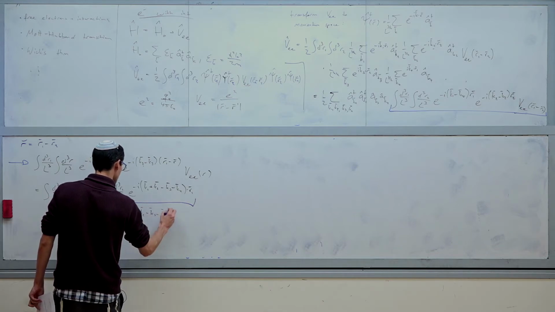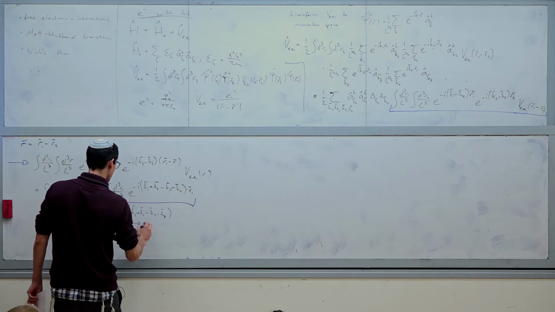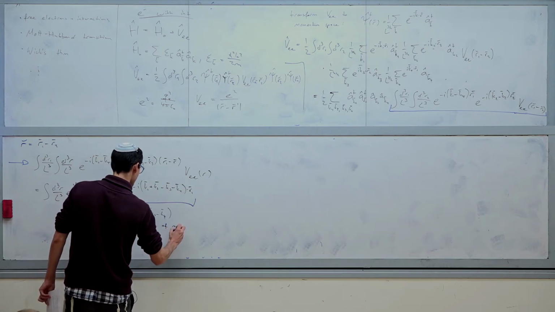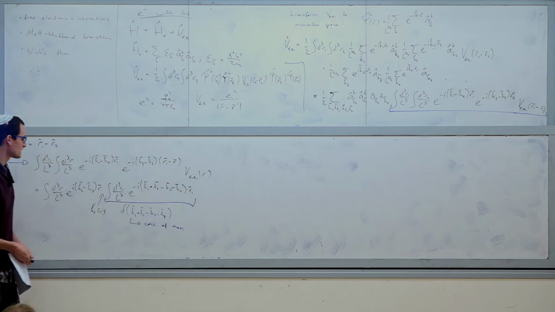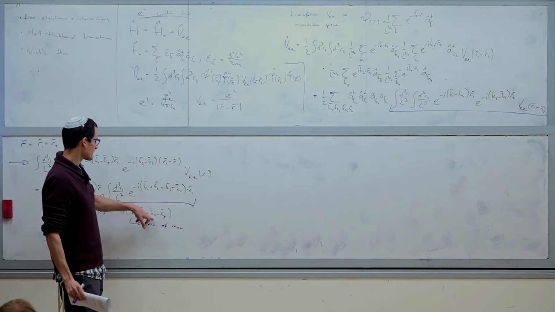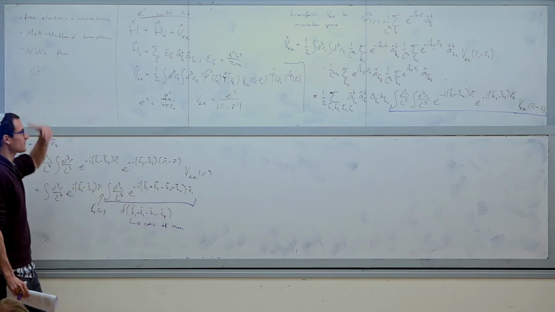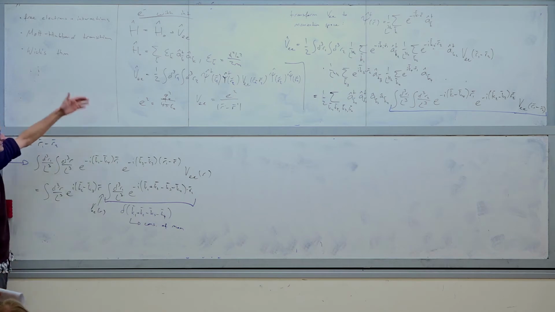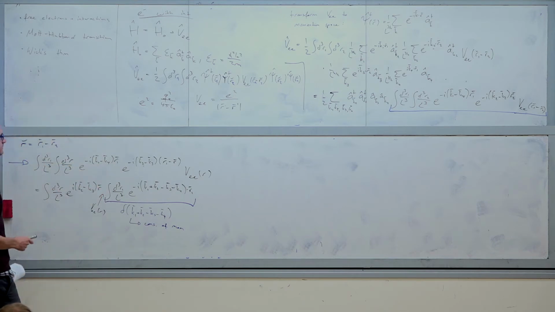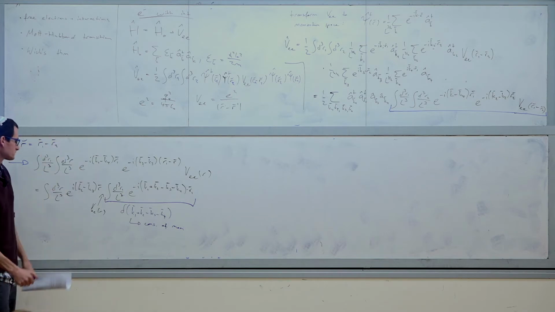And of course, the physical meaning of this delta function is conservation of momentum. If k1 plus k2 is different from k3 plus k4, the entire operator is just zero. Nothing happens. Only if momentum is conserved, the interaction is legal.